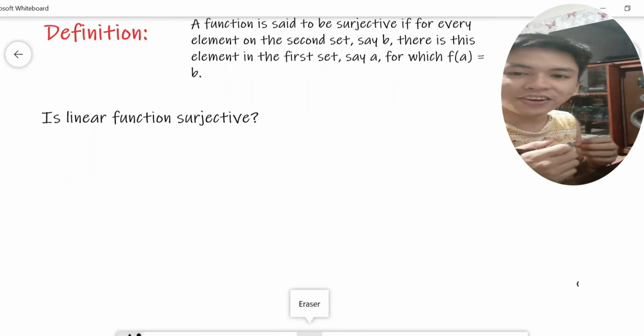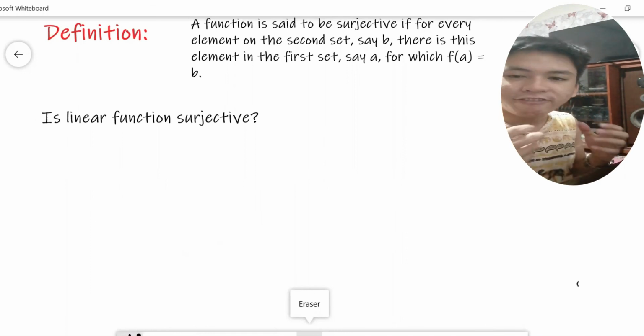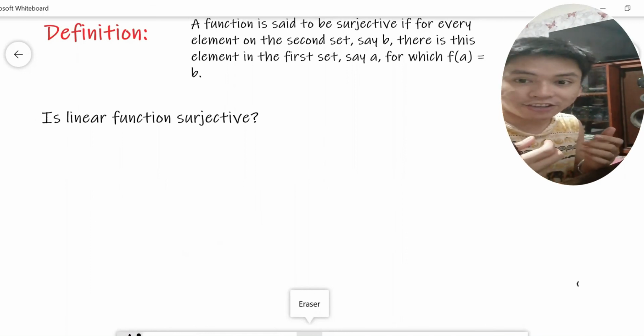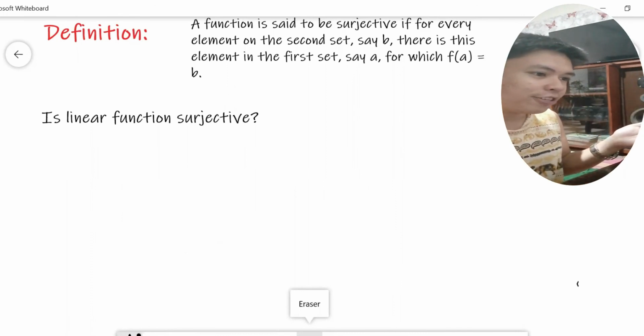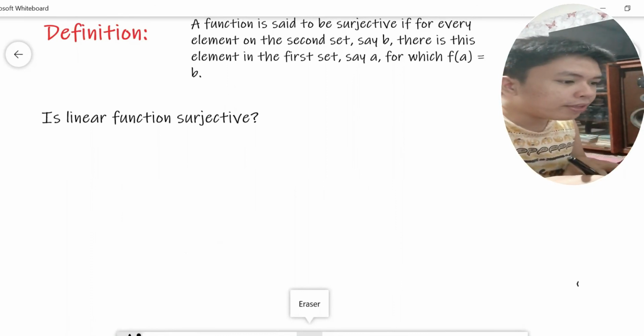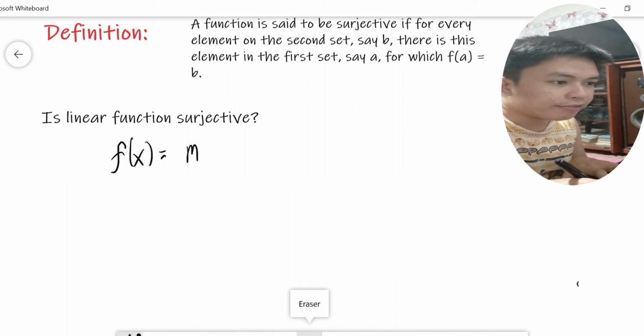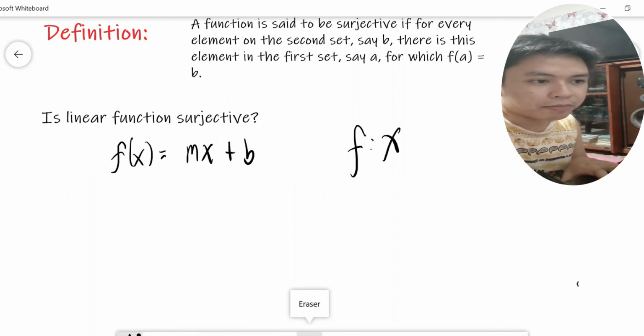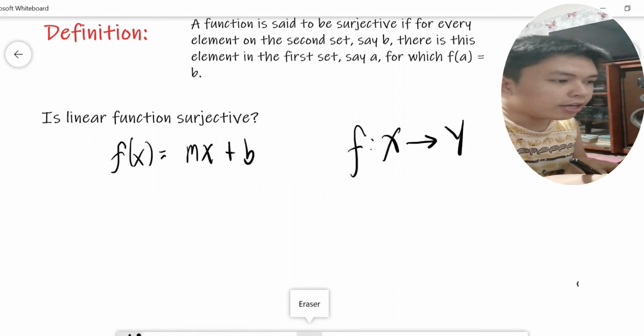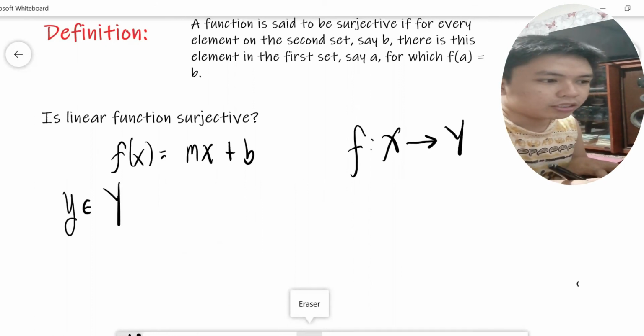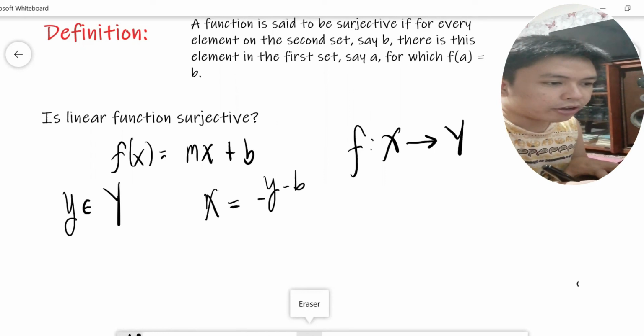Okay, so let us consider an example here. We will have to evaluate if a linear function is surjective. So is a linear function surjective? Now remember that our f of x, the function, is equal to mx plus b. So our f here is defined as a mapping from x to y. If we let y be an element of the second set, we assume x equals y minus b over m.